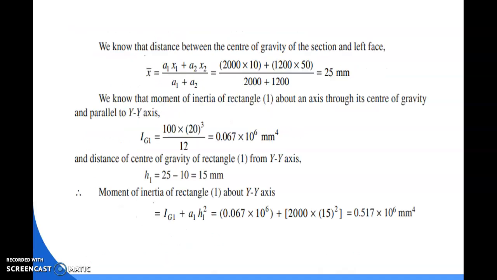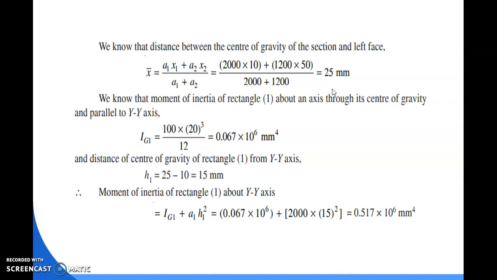Now, as per the center of gravity along the x-axis, the formula will be x bar equal to a1 x1 plus a2 x2 divided by a1 plus a2. So by putting all these values, we have the center of gravity along the x-axis as 25 mm. Now we can calculate the moment of inertia along the y-y axis.